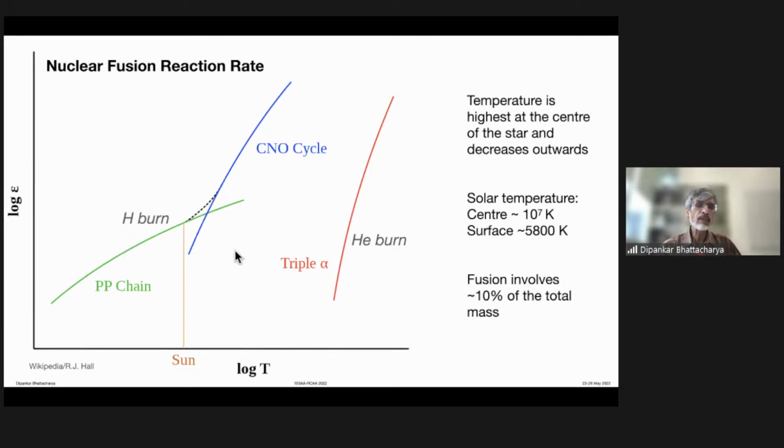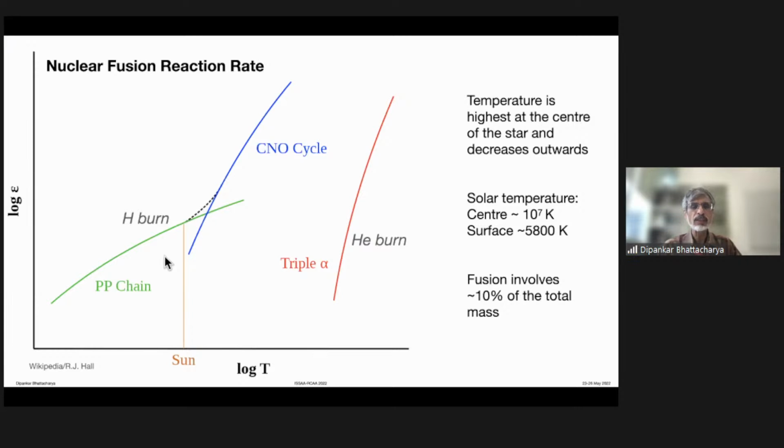Now, what is the temperature? The temperature at the center of the sun is about 10 million Kelvin. And that is the temperature at which this hydrogen fusion becomes possible. What is the temperature at the surface? We already discussed that.